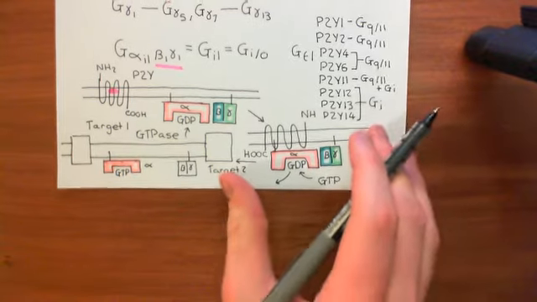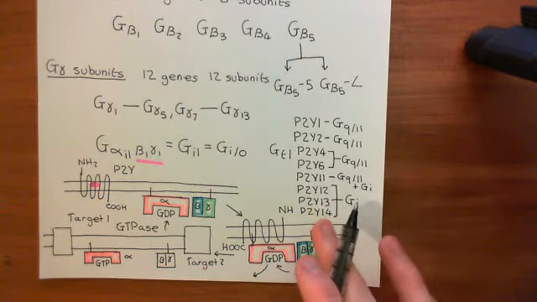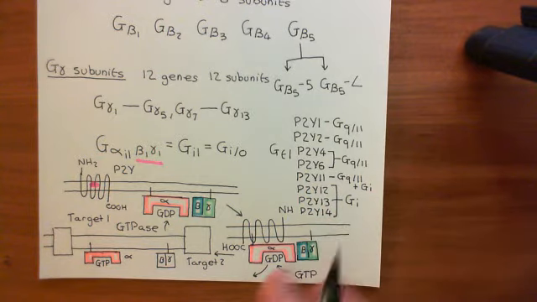Okay, right. So, to summarize then, we have these 8 different forms of P2Y receptors which are activated by both uracil nucleotides and also adenine nucleotides.